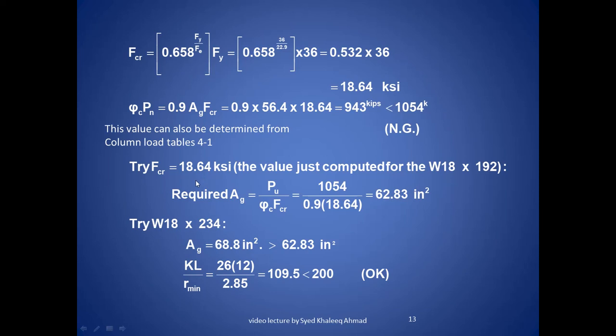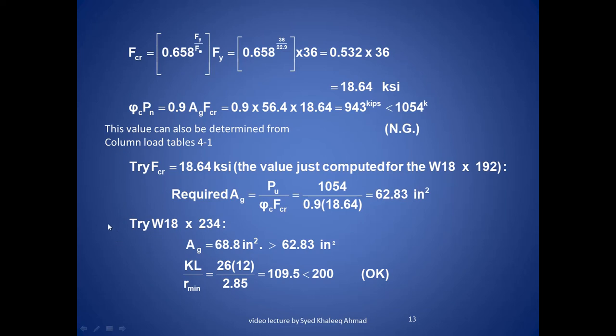We start with this value of Fcr, 18.64, the value just computed for W18 by 192. The required gross area will be Pu upon phi c Fcr, 1054 upon 0.9 times Fcr, and we get this value of gross area as 42.83.